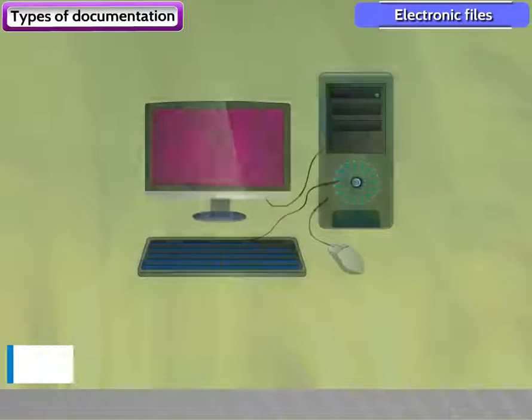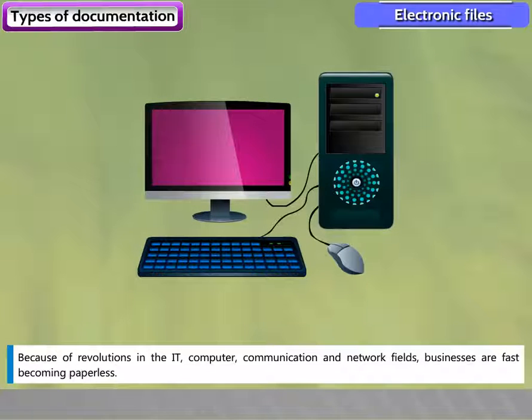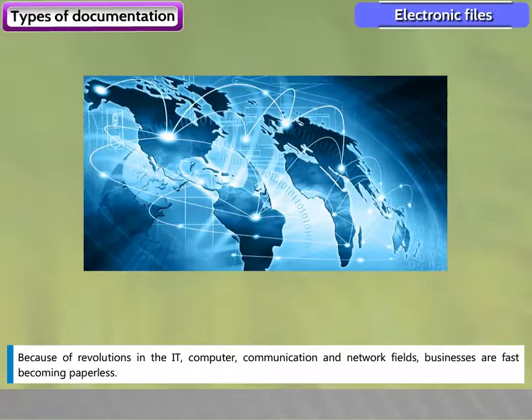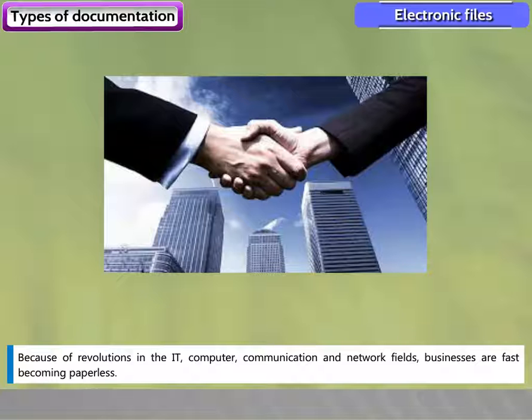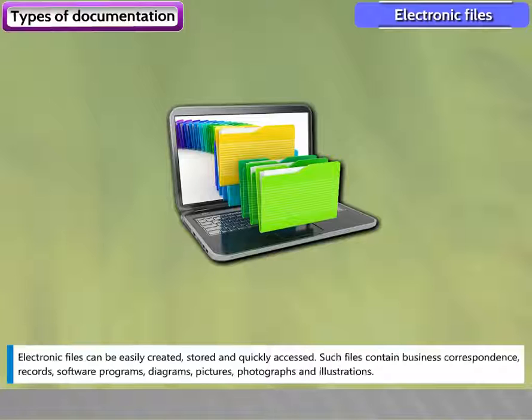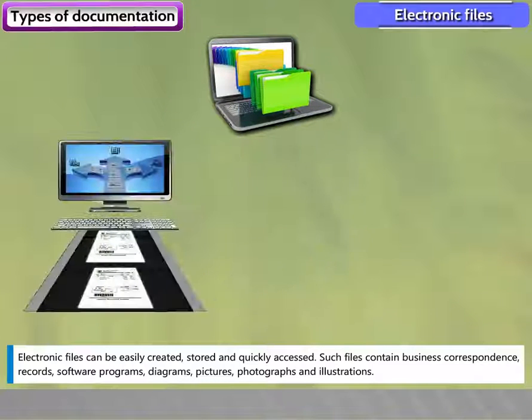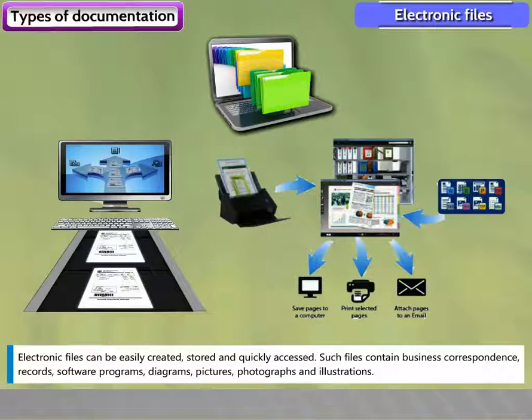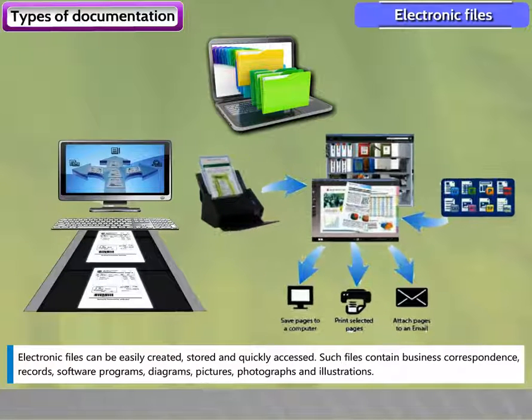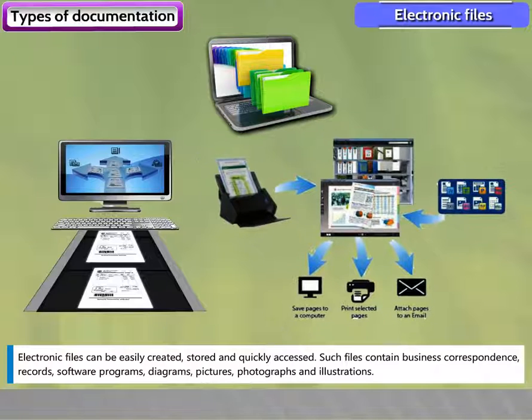Electronic files. Because of revolutions in the IT, computer, communication and network fields, businesses are fast becoming paperless. Electronic files can be easily created, stored, and quickly accessed. Such files contain business correspondence, records, software programs, diagrams, pictures, photographs, and illustrations.